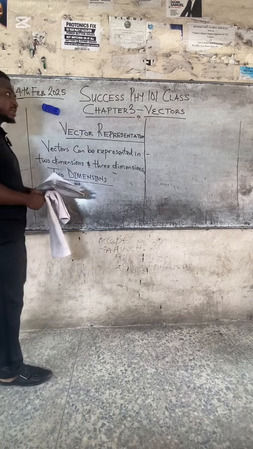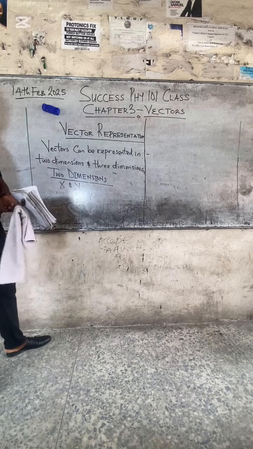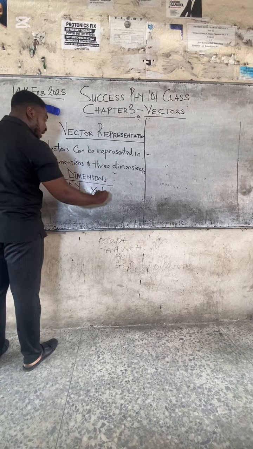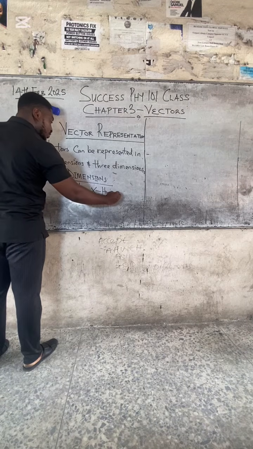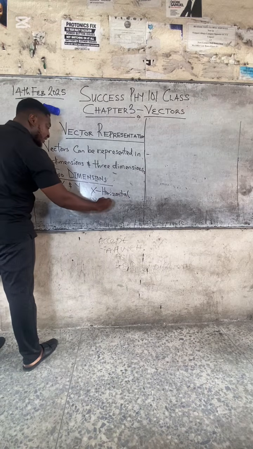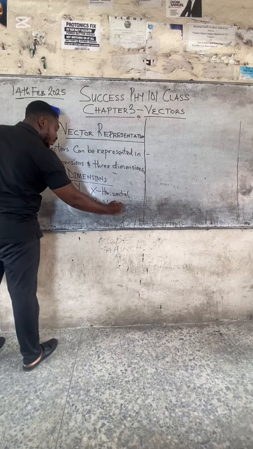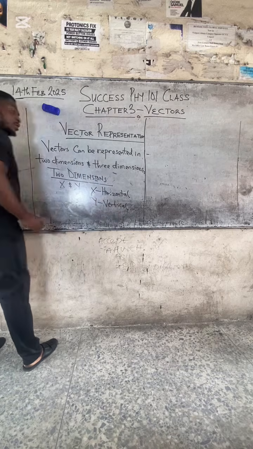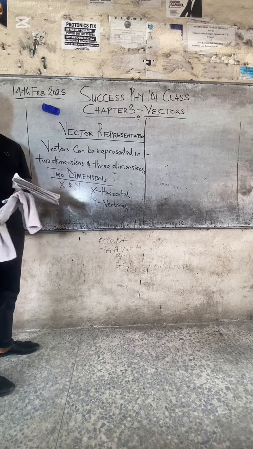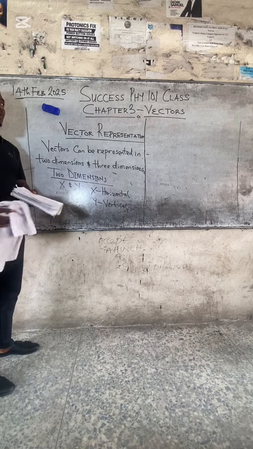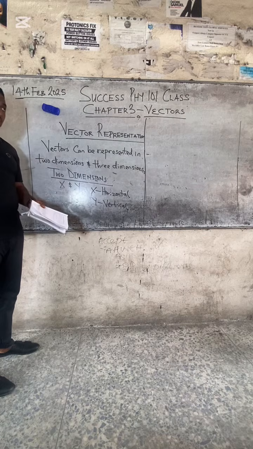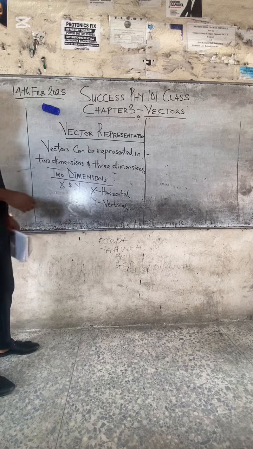We all know that the x component represents the horizontal component, and the y component represents the vertical component. So x represents horizontal, y represents vertical.